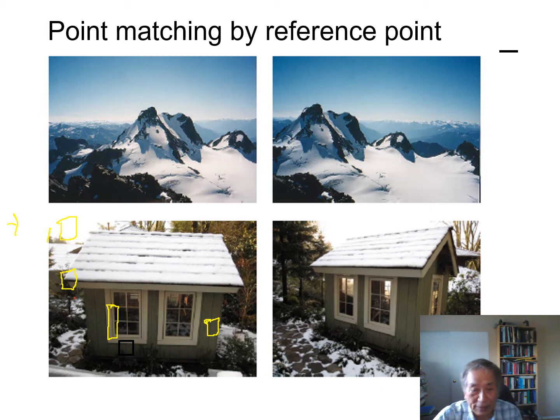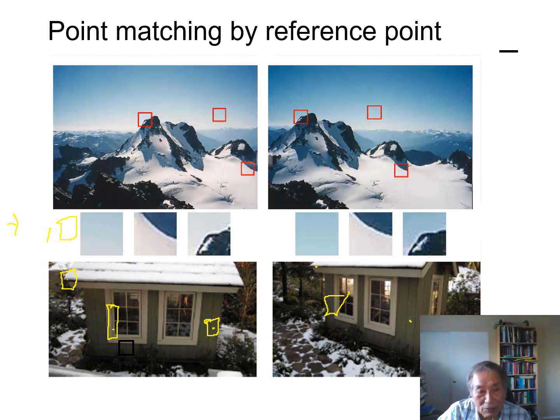In that case, we can make matches from here to that, and that one for that, and that line as that, like that kind of a correspondence we can get. So let's see how they are doing. In here, there are many features identified, but there's one point. This one is a point, and this is a region, and this is a line.